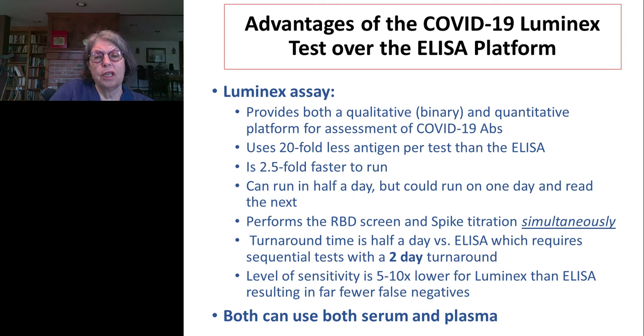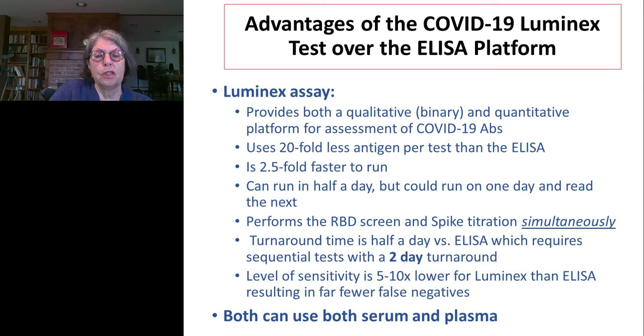In addition, we have determined, although I'm not showing you the data, that you can run the assays on 1 day and read them on the next day if that is more convenient in the context of the lab that's doing the assay. We can perform the RBD screen and the spike titration simultaneously with Luminex, but with ELISA, it's a sequential assay for the RBD and then the spike.